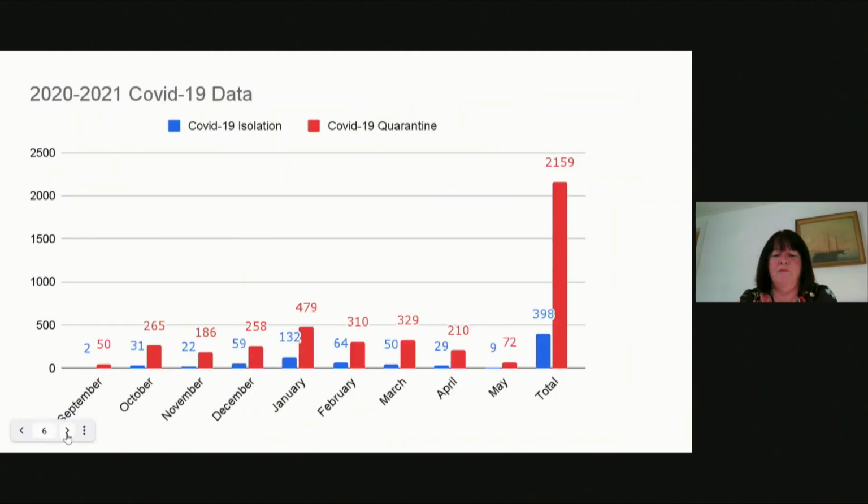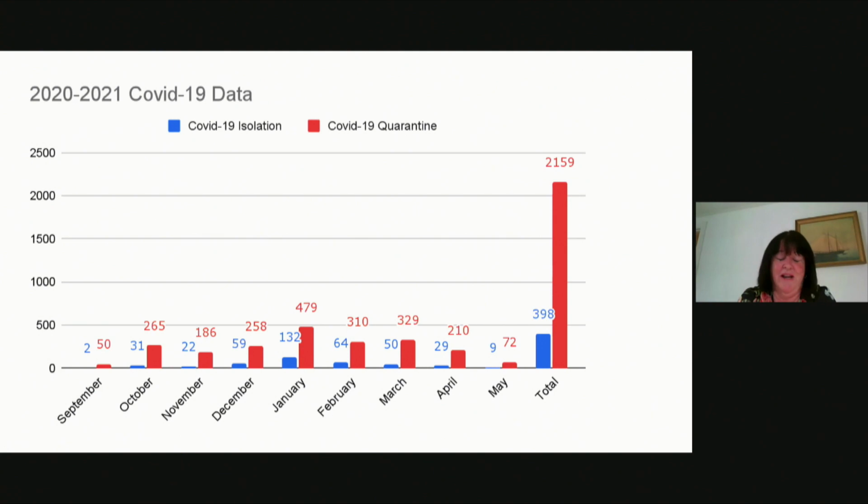And then this was also a chart that I did for the number of instances of COVID-19 isolation. It's cumulative, so it's staff and students, anyone in our community. So sad to say we've had 398 cases this school year, so the nursing department's been quite busy this year.